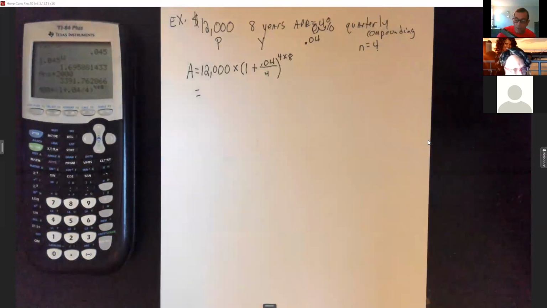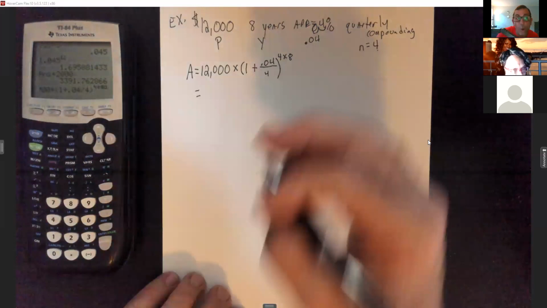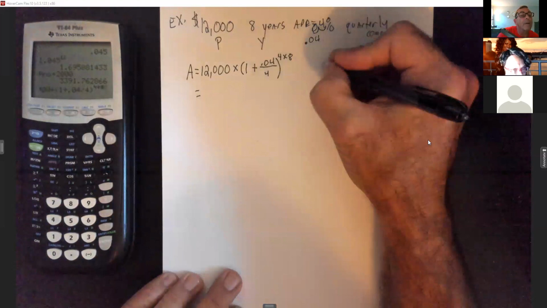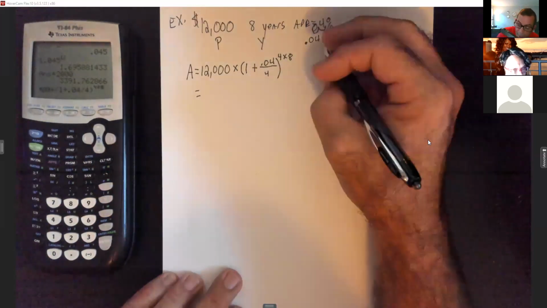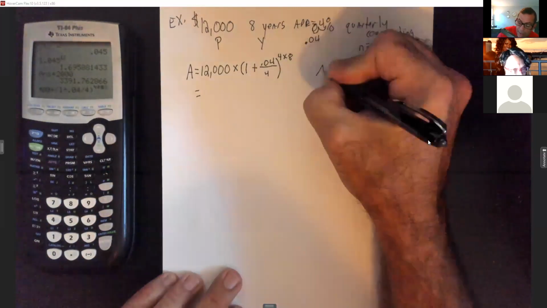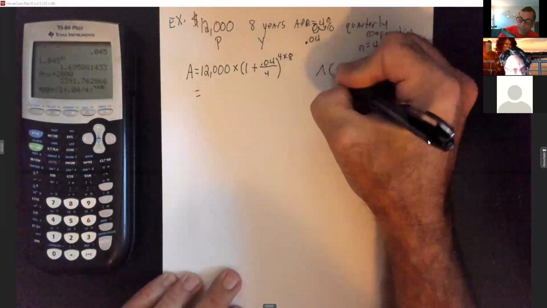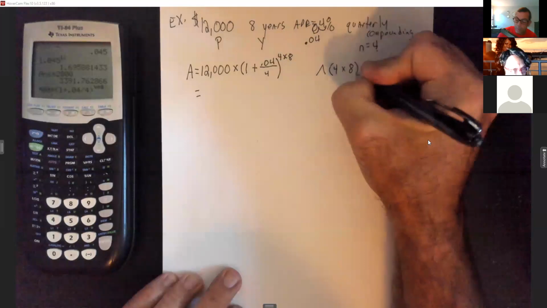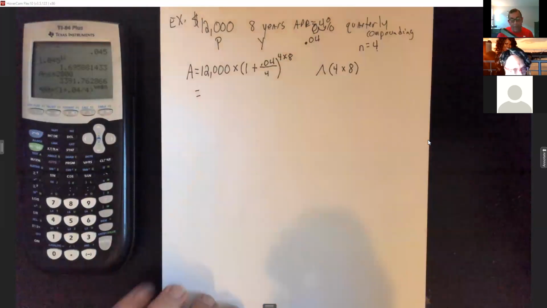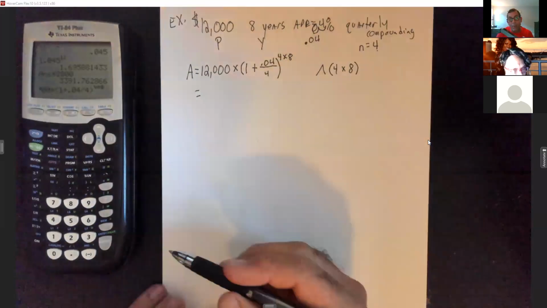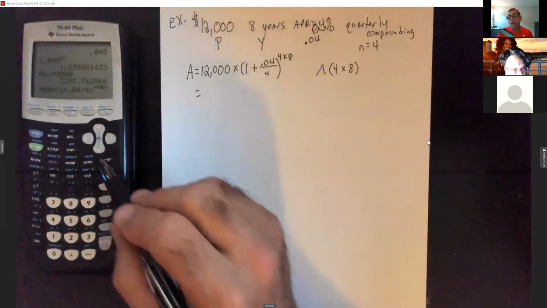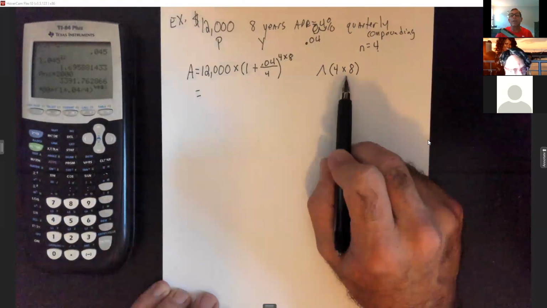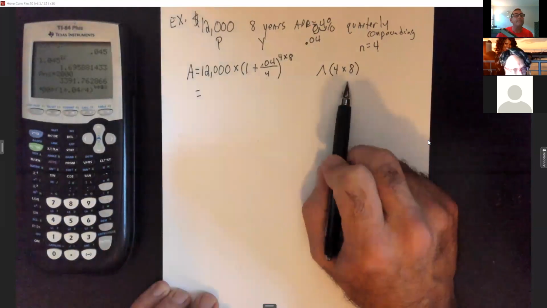Now, y'all look on the screen. On the older calculators, after you do the exponent bar like that, they put parentheses. You have to do the 4 times 8 and close parentheses. Newer 84s do not do this. They do like mine's doing. But the older ones use the caret with parentheses, and you have to close them after you multiply, okay?